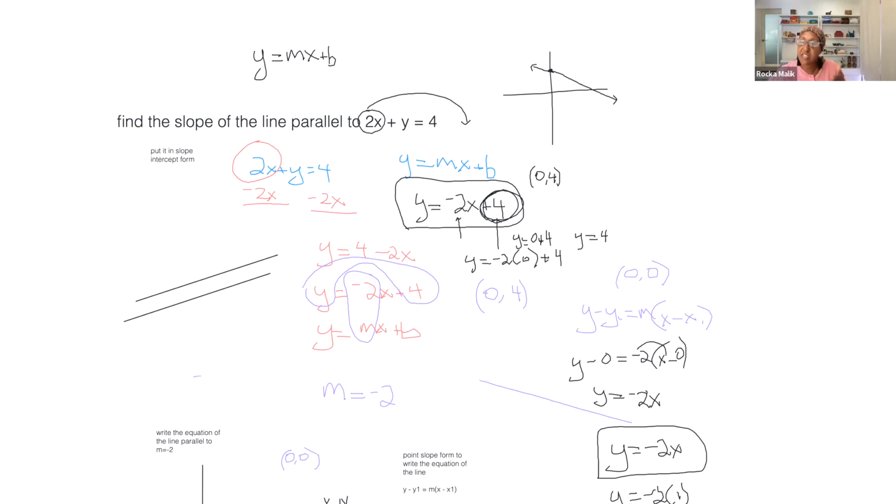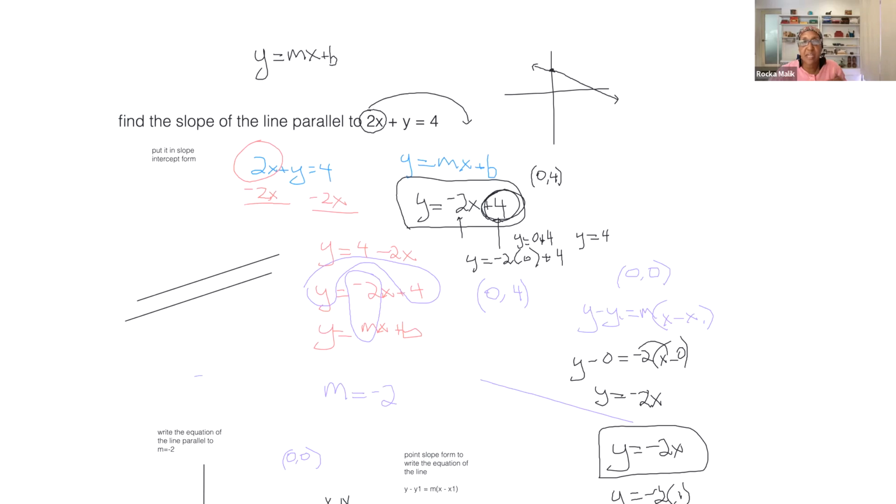If y doesn't have a number next to it, then I'm going to try to use this formula. I'm going to just swap over that 2x over there, and I end up with y equals -2x plus 4.